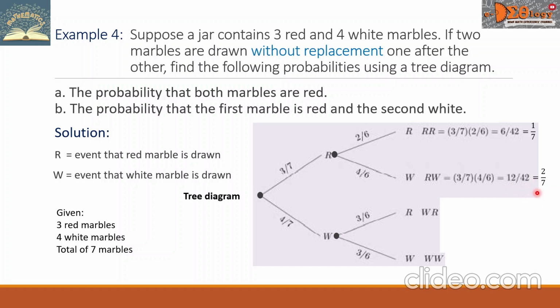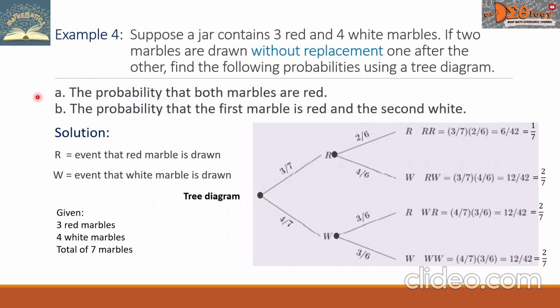We simplify this as 2 over 7. For WR, we multiply 4 over 7 by 3 over 6. And the product is 12 over 42, which is simplified into 2 over 7. For WW, we multiply 4 over 7 and 3 over 6. And the product is 12 over 42, which is simplified into 2 over 7.